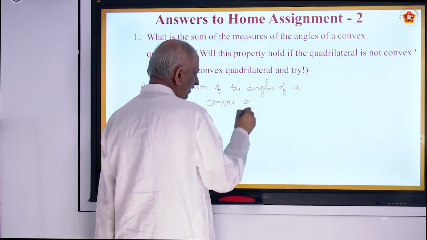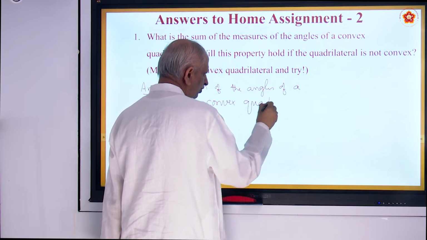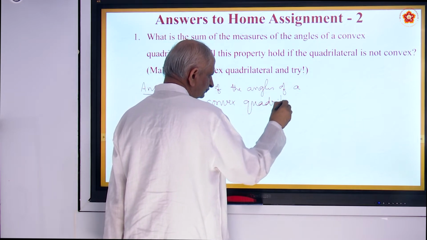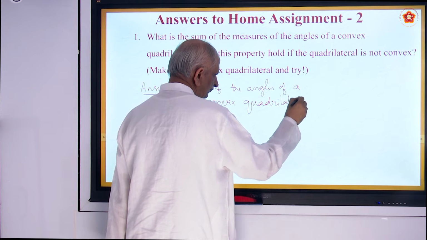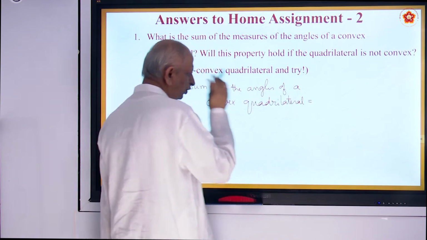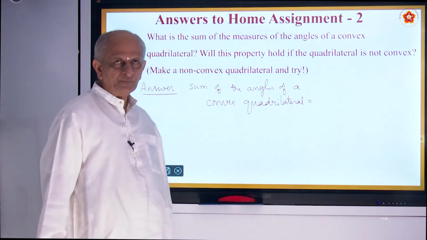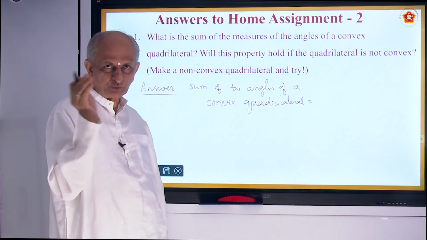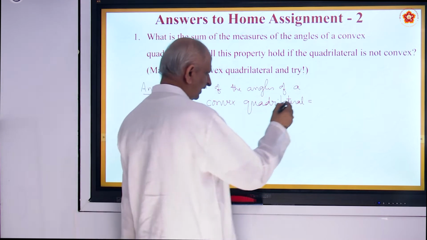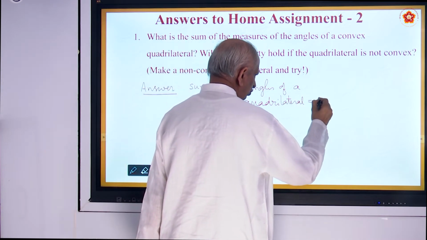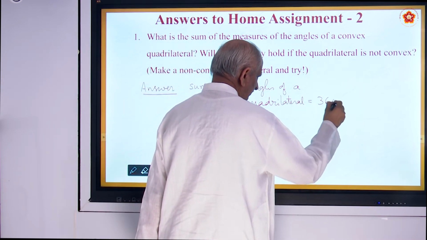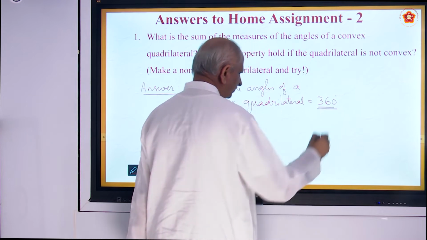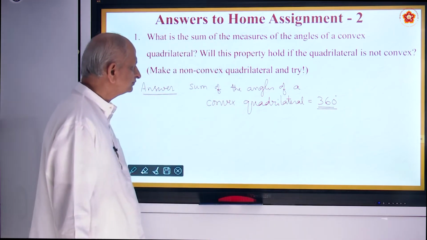A polygon having 4 sides is equal to how much? A quadrilateral is made up of 2 triangles. When you draw a diagonal, it becomes 2 triangles. So, one triangle is 180, 2 triangles is 360 degrees. Or you can say 4 right angles.